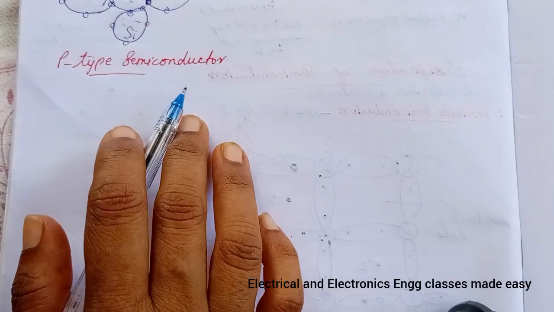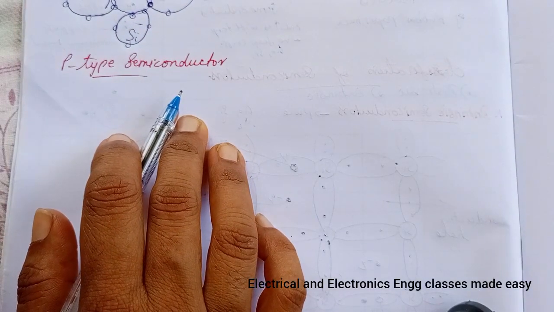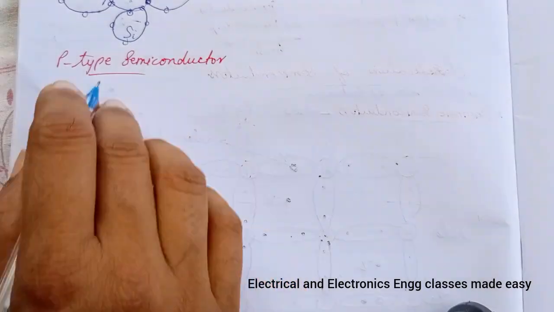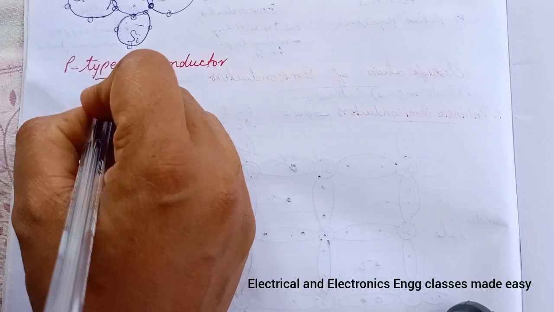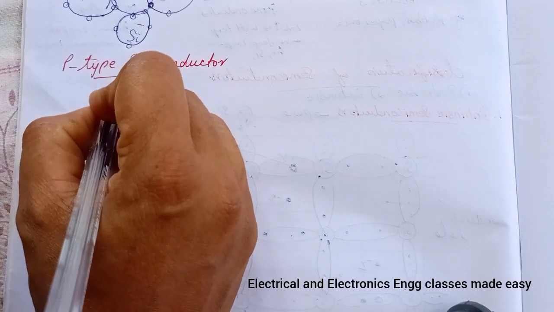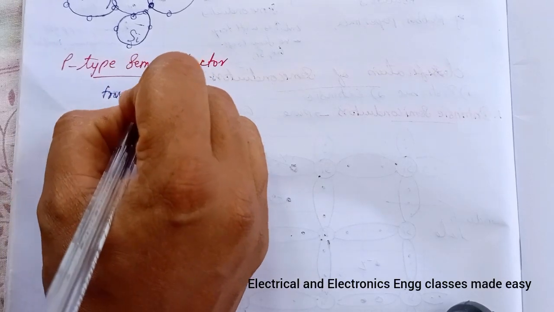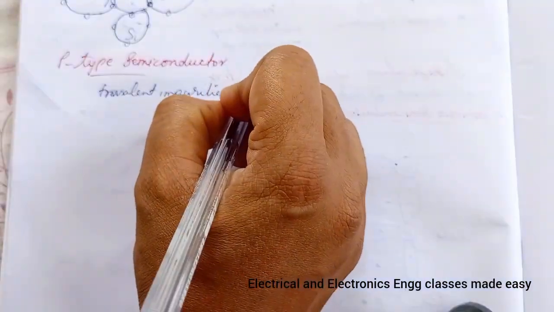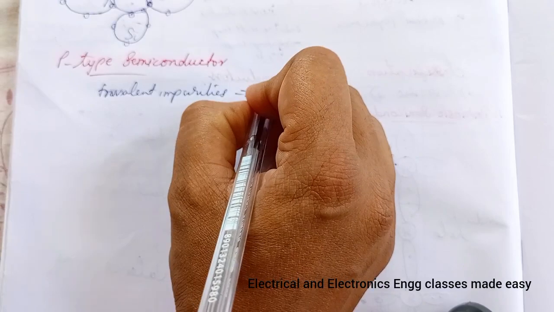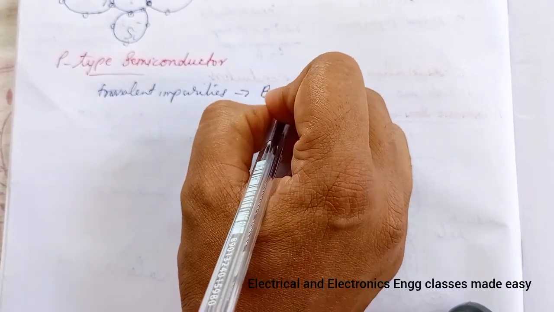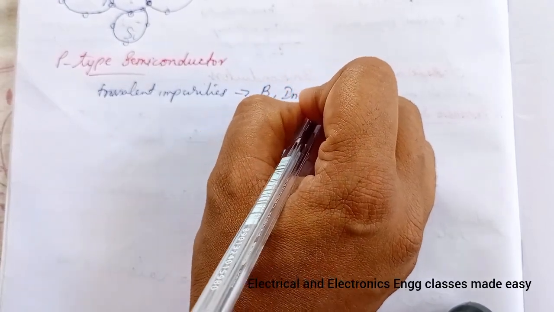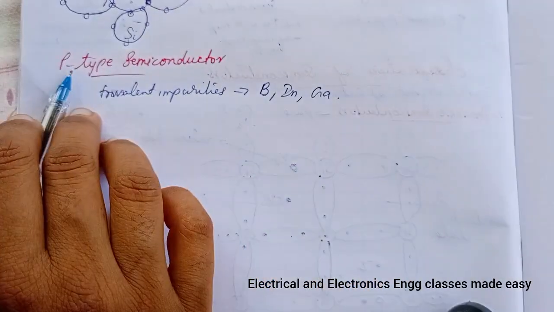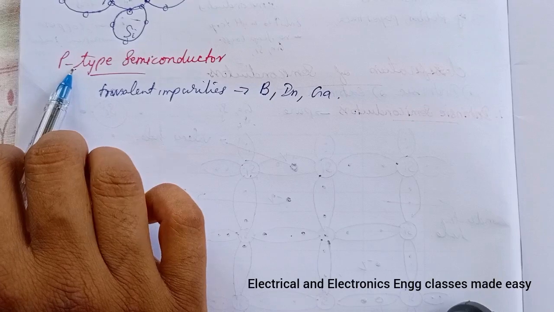Next is the P-type semiconductor. To increase the number of holes in intrinsic silicon, trivalent impurities like boron, indium and gallium are added. So we get a P-type semiconductor, P for positive.